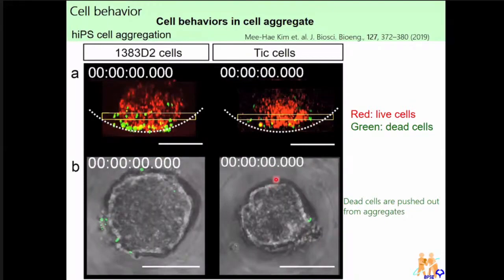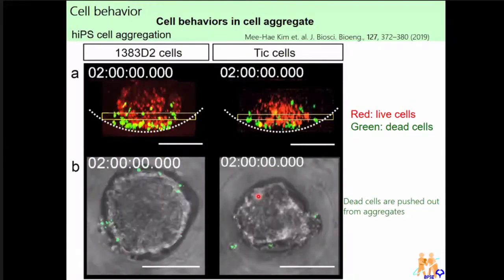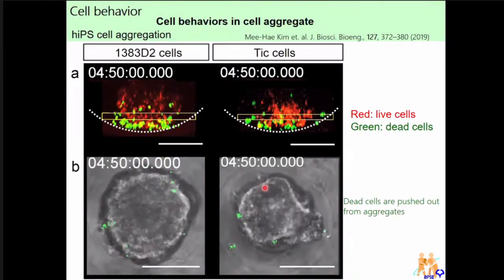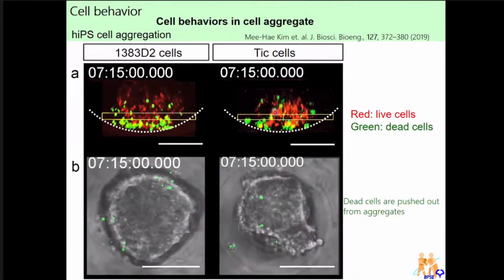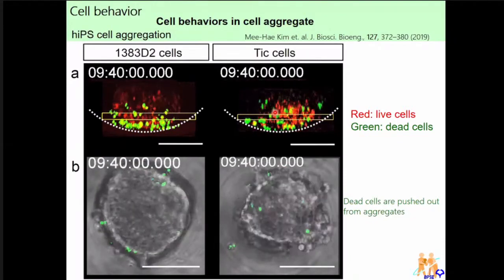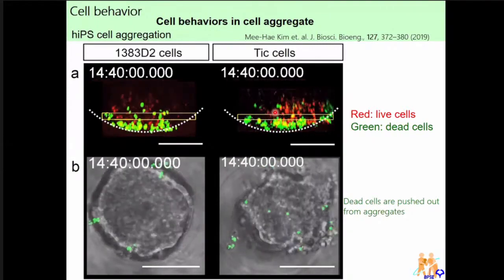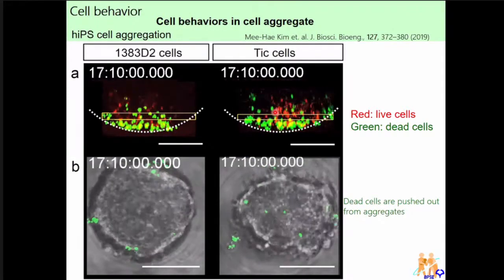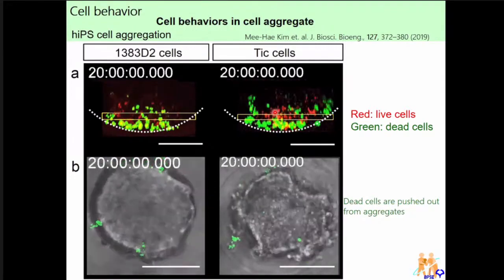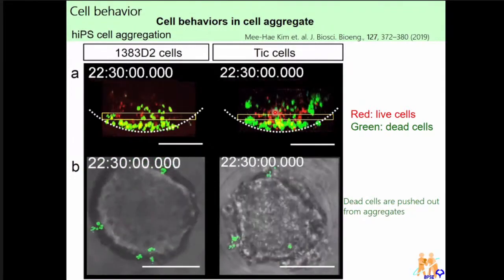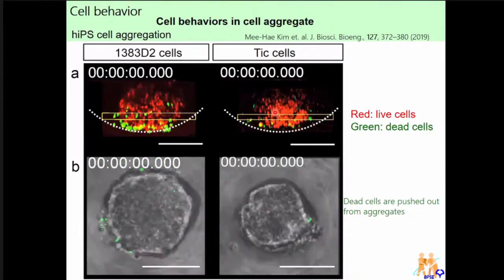Again, I want to say, dead cells move from the inside of the aggregate to the outside of the aggregate. So the living cells push out the dead cells. Okay. It looks like the iPS cells want to gather among living cells, so dead cells are thrown away. Okay. During the culture.